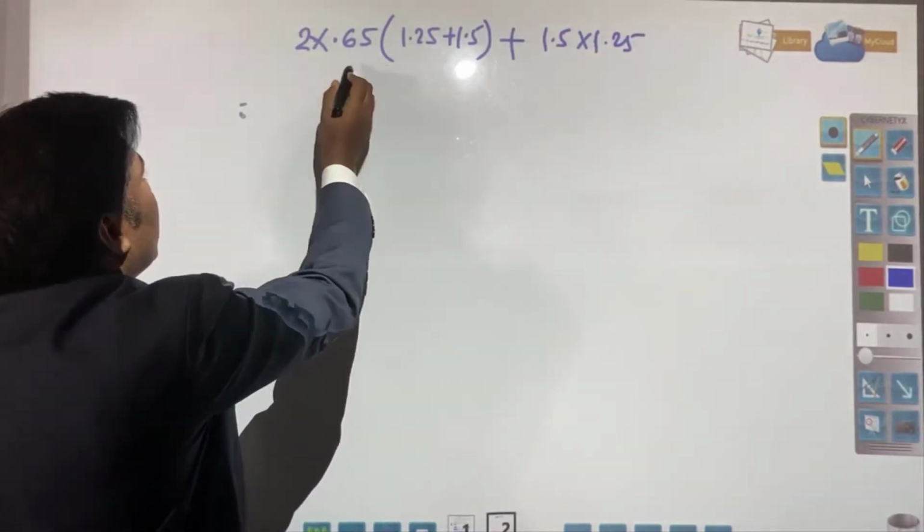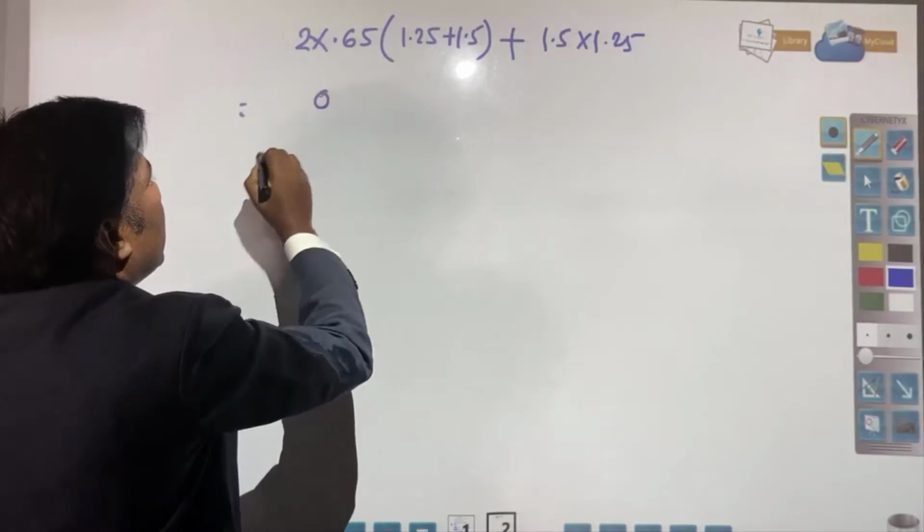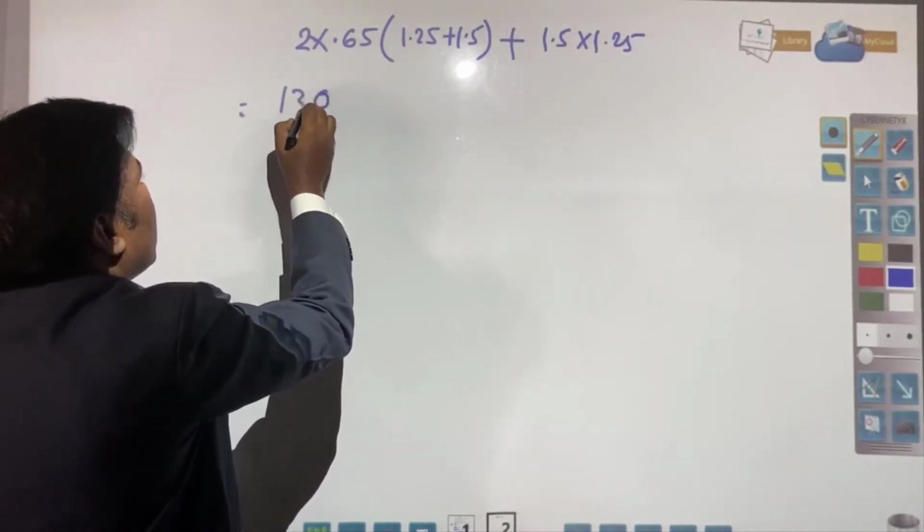So this you multiply: 2 5 10, 2 6 12 and 1 13.